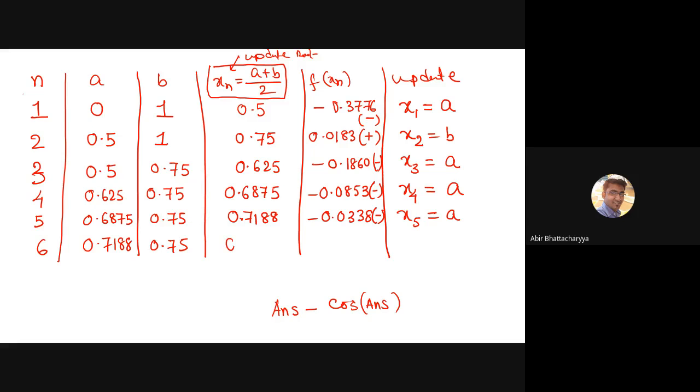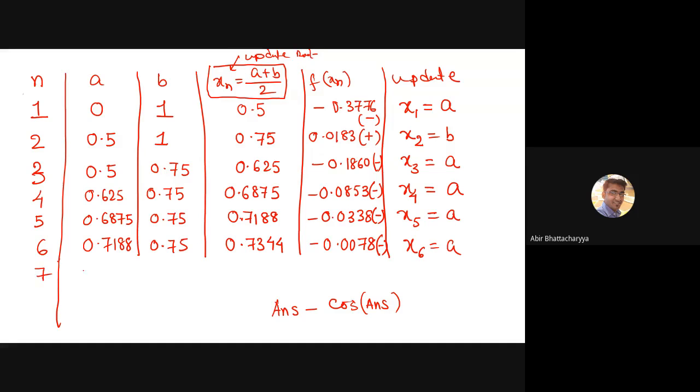0.7344, correct. Calculate f of xn. Okay, it is negative 0.078. Again it's a negative value, so x6 will replace a.